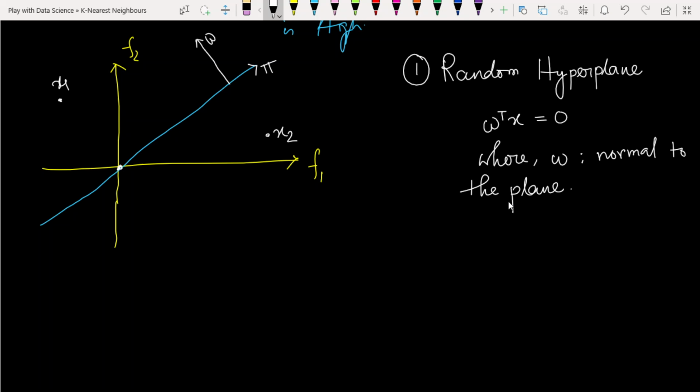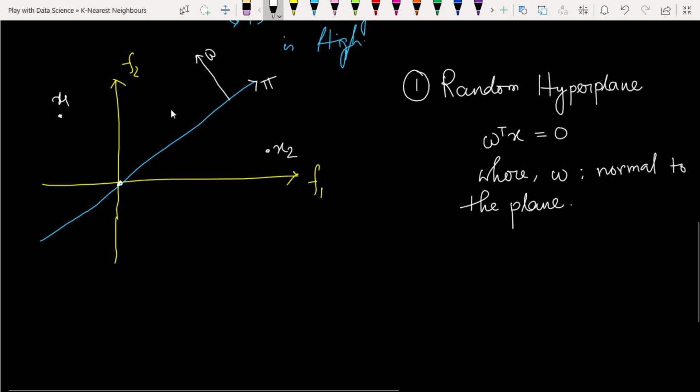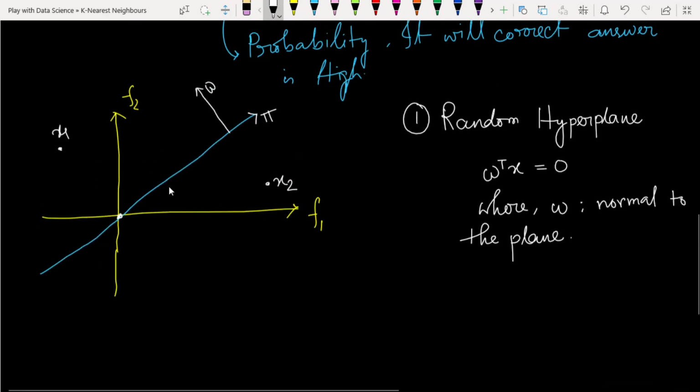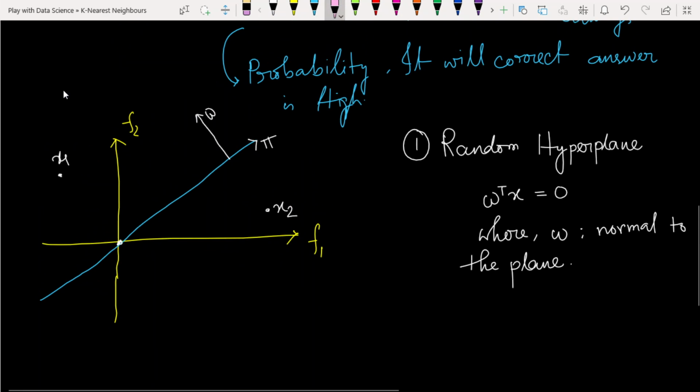In such a scenario, what will be the value of w transpose x1? I think you already know this concept from your undergrad level or 12th standard. Because the direction of w and the direction of x1 are on the same side of the plane, this value will be greater than or equal to 0.